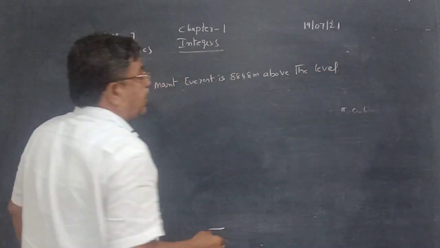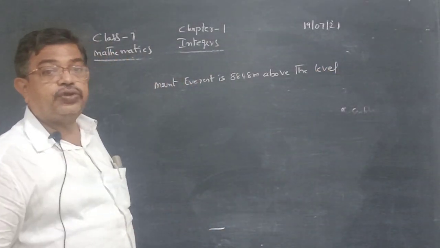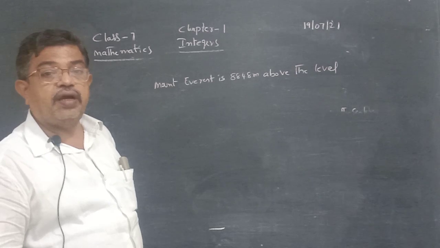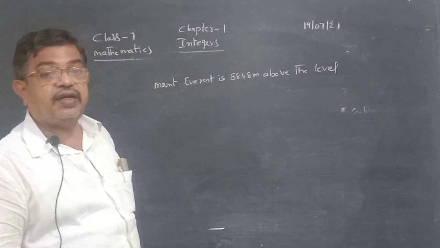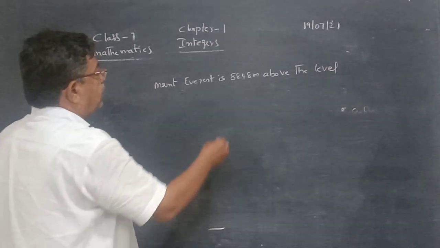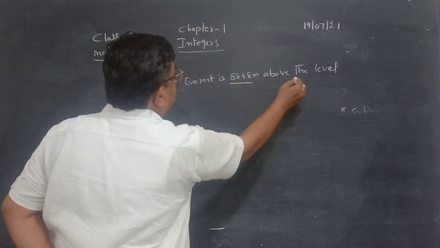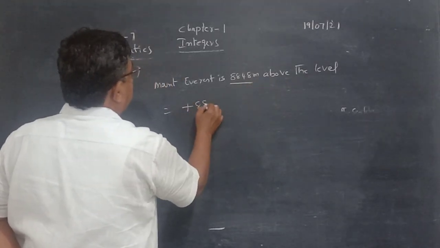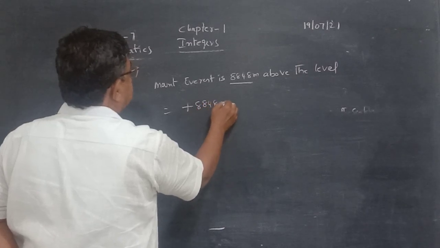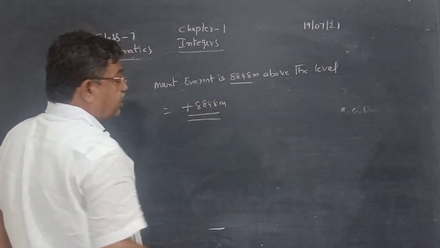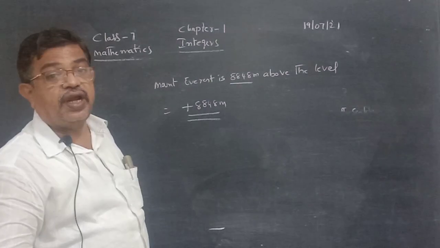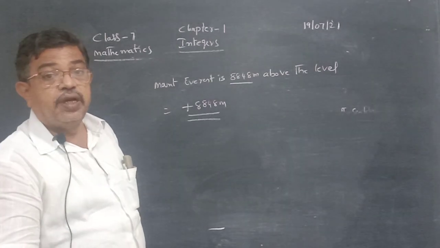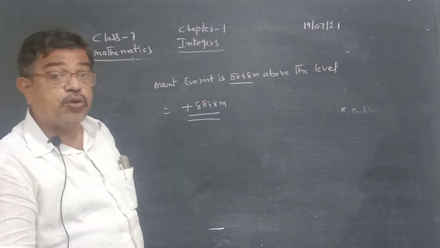Mountains are very huge, they are of great height. So it is 8,848 meters above sea level. Above means plus. So the symbolic form is plus 8,848 meters. Why did I write plus? Because the mountain is above the sea level.